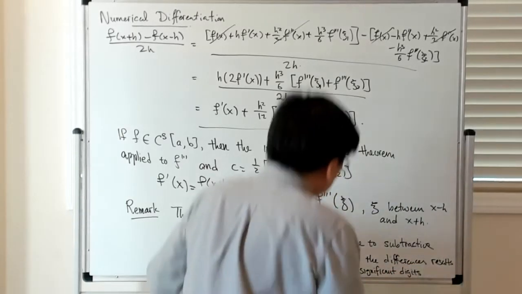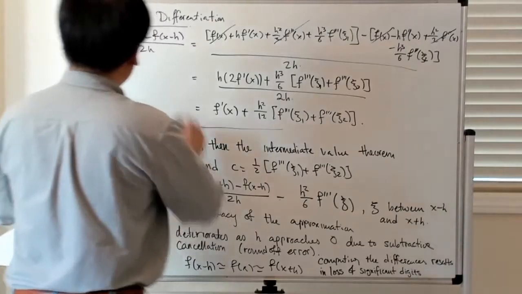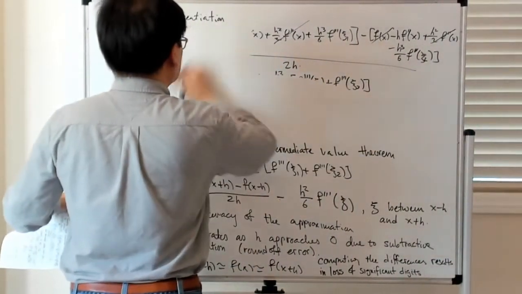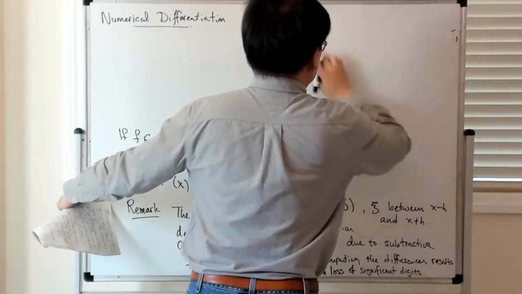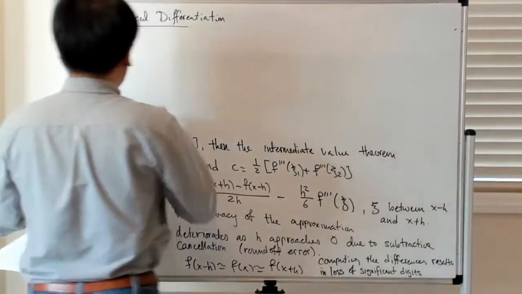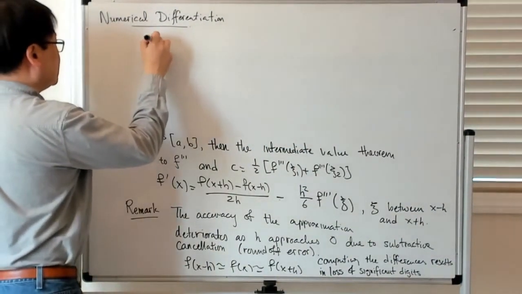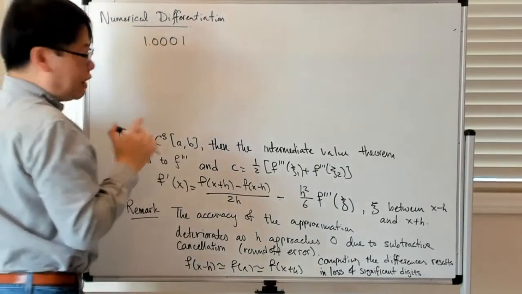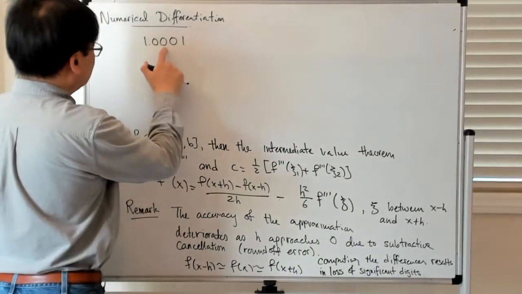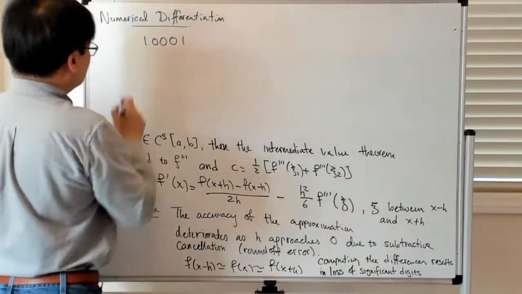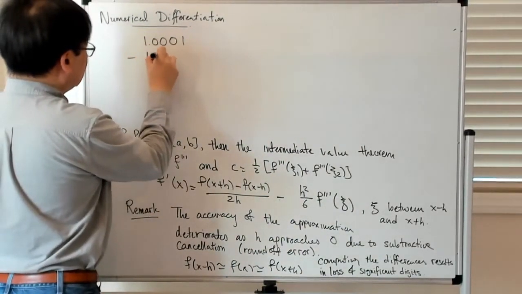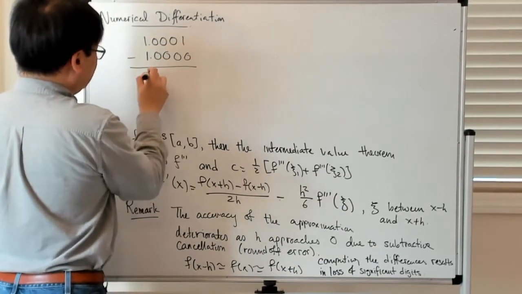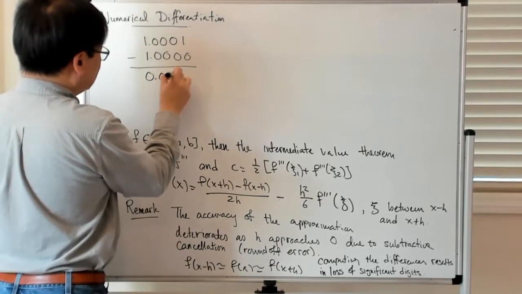Let me try to illustrate this conceptually with a very simple example. Say I have two numbers, let's say 1.0001. Here I have 5 digits of accuracy: 1, 2, 3, 4, 5. There are 5 significant digits, and I subtract off 1.0000. These numbers are very close to each other, and what I'm left with is just 0.0001.